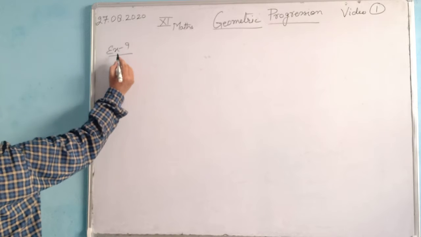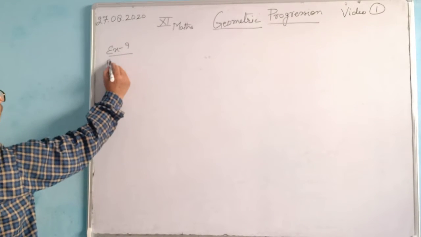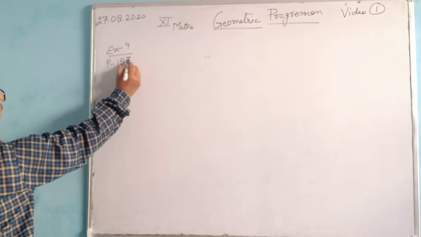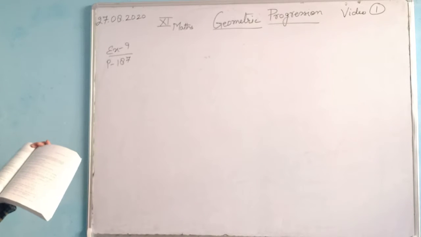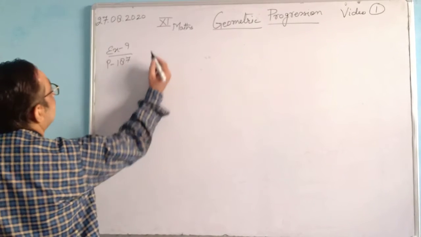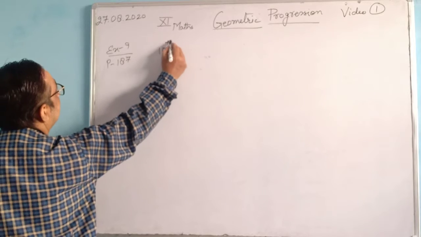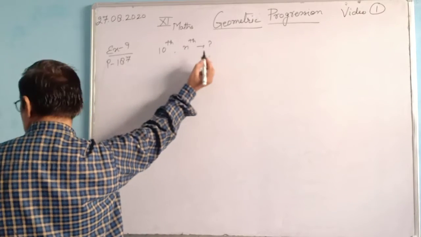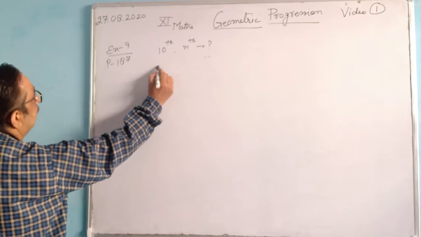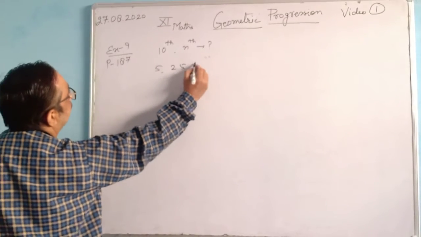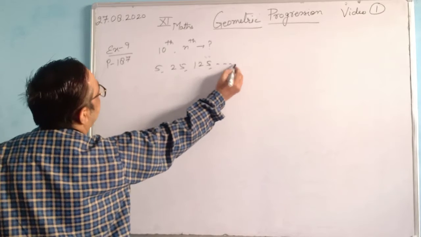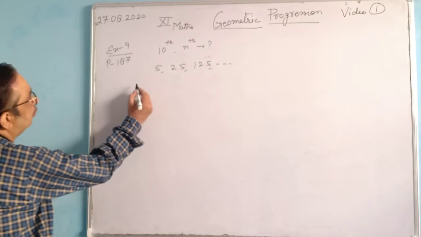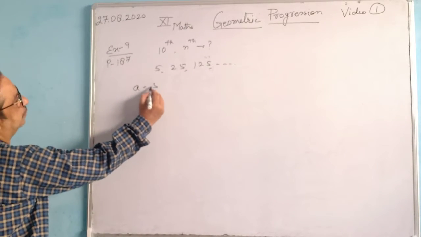Example number 9, page 187. Find the 10th and nth term of GP: 5, 25, 125 and so on. First of all, what is the value of a? a is 5.